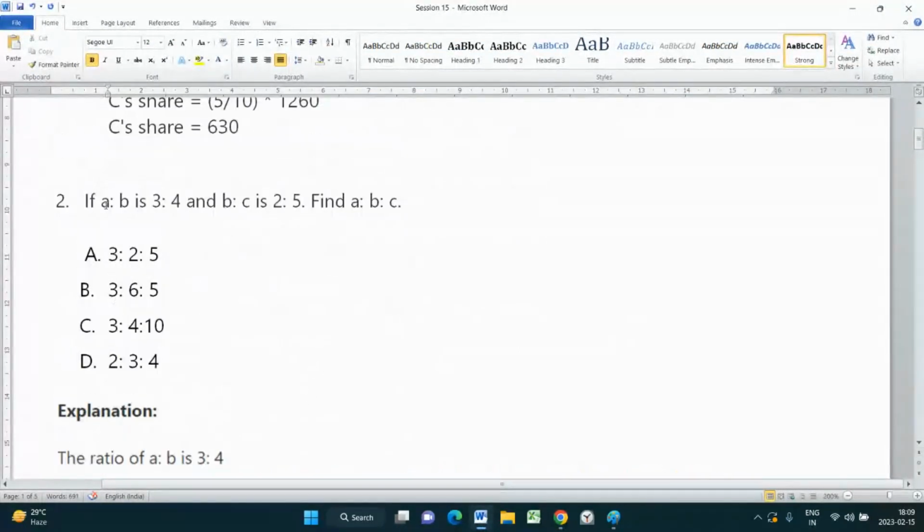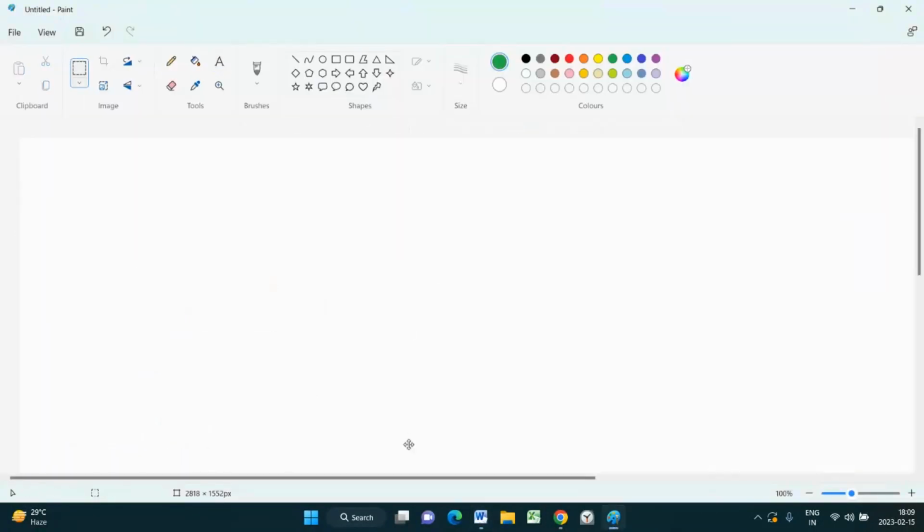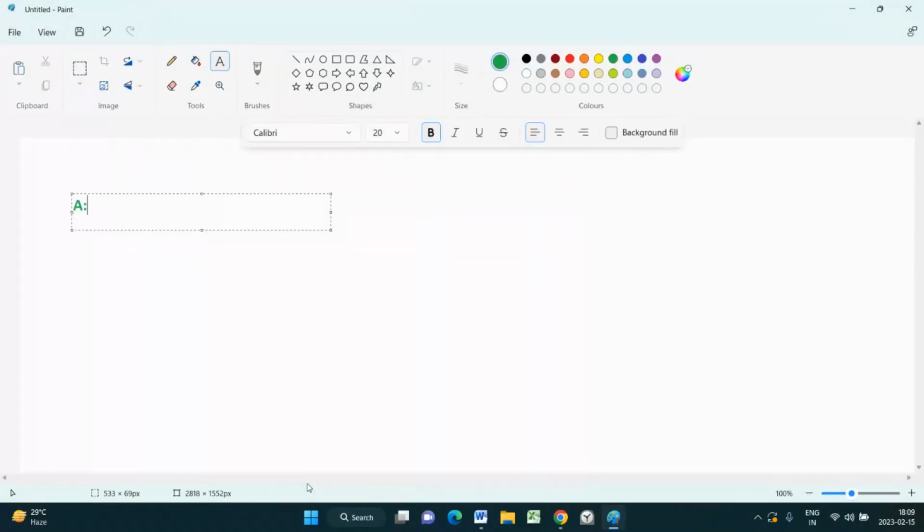If A is to B is 3 is to 4, and B is to C is 2 is to 5, find A is to B is to C. Again, I will go back here. A is to B is 3 is to 4.